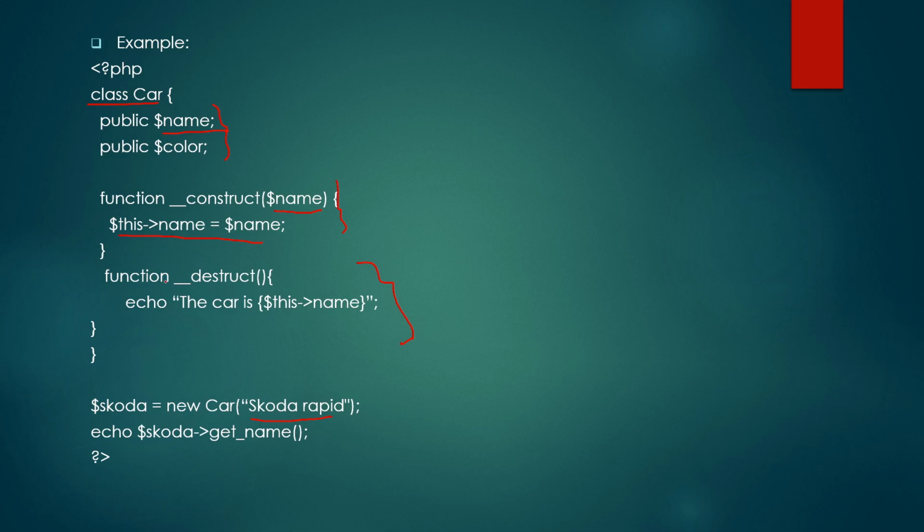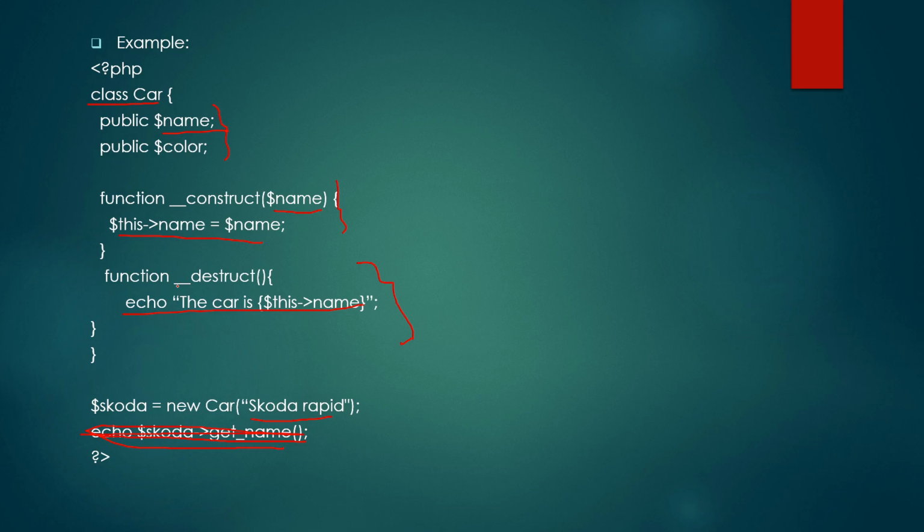Now this function destruct, let's see, echo the car is, and I'm just printing out this value, $this name. I'm just printing out this value in the destruct function. That's all. Here actually I have made one mistake. There's no need to write this line of code, because there's no method called get name.